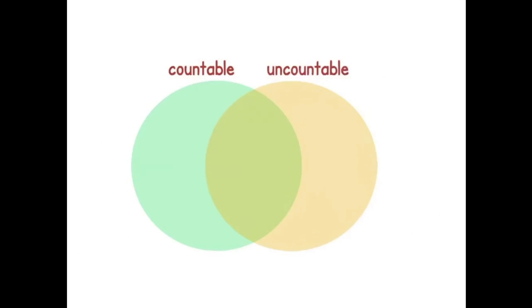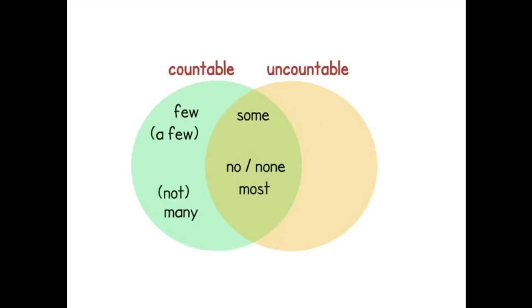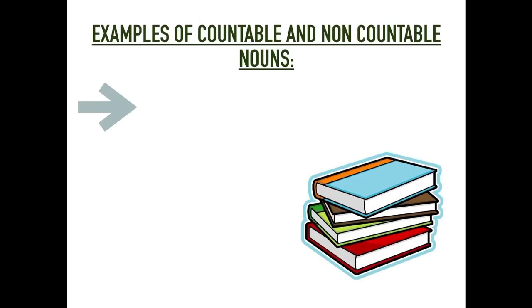The space in the middle is for nouns, both countable and non-countable: no, none, few, a few, some, many, most, a lot of, all. For uncountable nouns, you can use no, none, not much, little, a little, some, a lot of, all. Notice that. Okay, moving on.